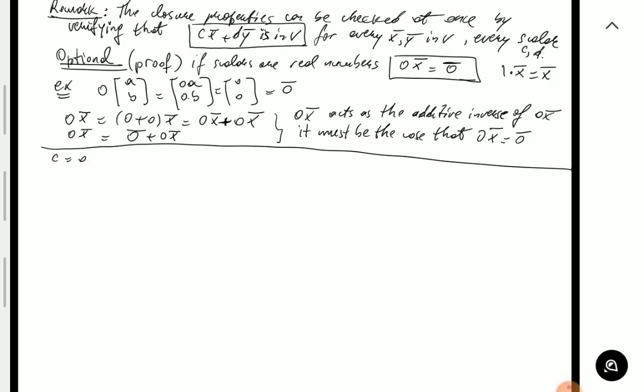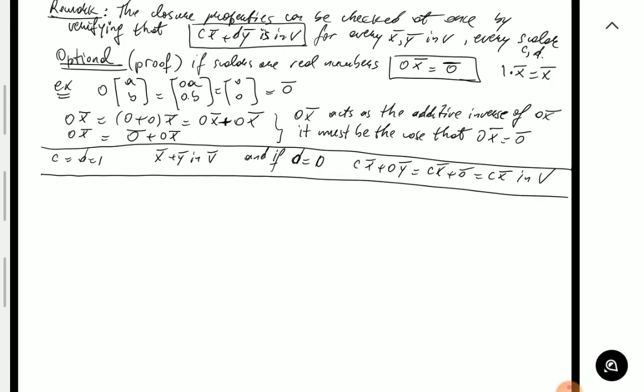For example, if C equals D equals 1 and the closure under linear combination holds, then it means that x plus y is in V. And if I take C arbitrary and D to be 0, then I have Cx plus 0y, which is the 0 vector, which gives Cx, and that's also in V.